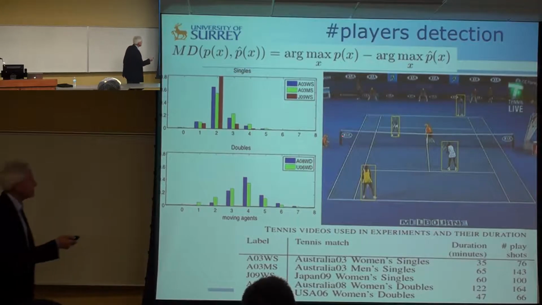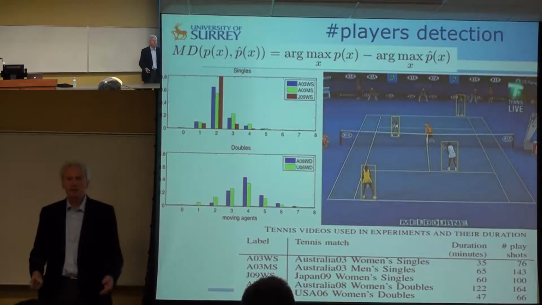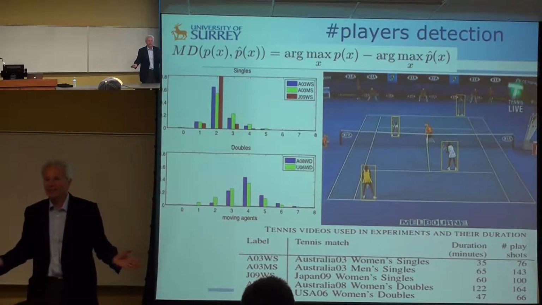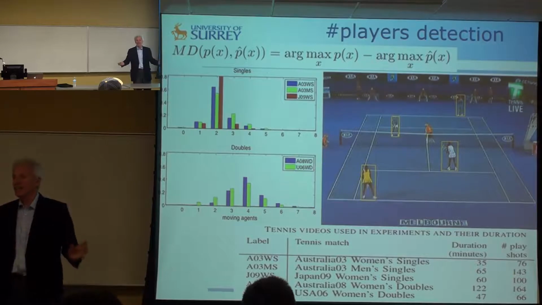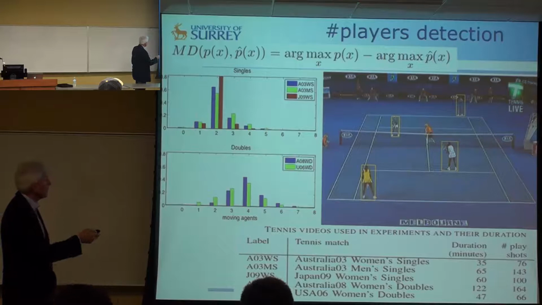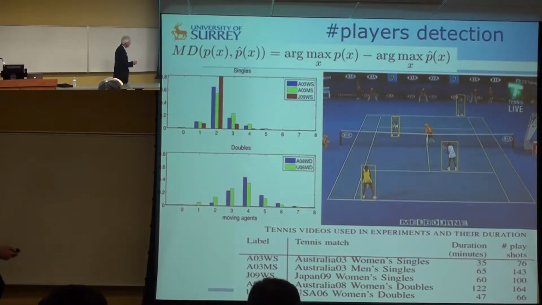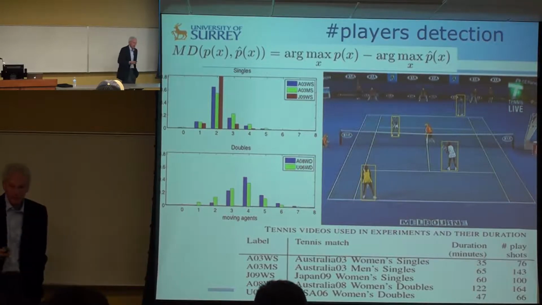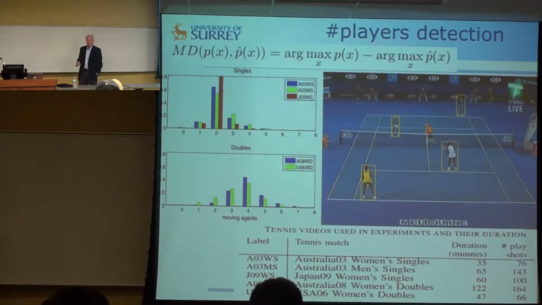You can see the line judges, they are people, but because they are still, very often they are considered part of the background, but sometimes they move and they add, so you have a distribution of the numbers rather than a specific number, but you can see that for singles it's different than for doubles. Anyway, we designed the system so that anything that is inconsistent with this distribution would be detected.